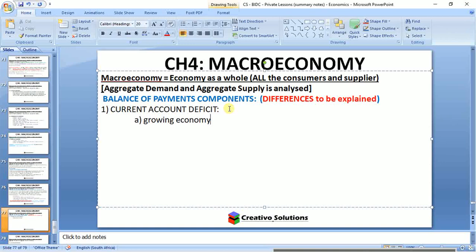We're going to import more, and that's why we have a current account deficit. The deficit means we as a country need to consume more resources, because the country is growing and expanding. The example in the textbook: firms that increase their output buy more materials and capital goods from abroad, so import expenditure increases.